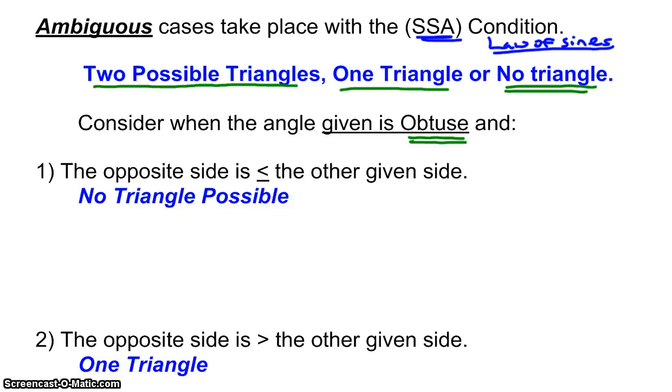A picture is definitely helpful here. So let's say I am given angle A, and it starts here, and it goes across. We'll just make it go straight across the bottom.